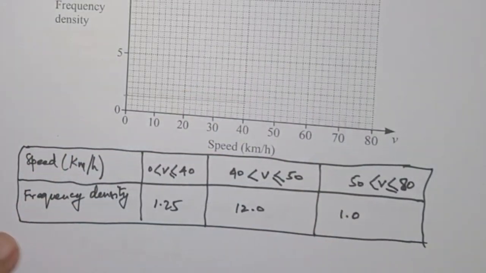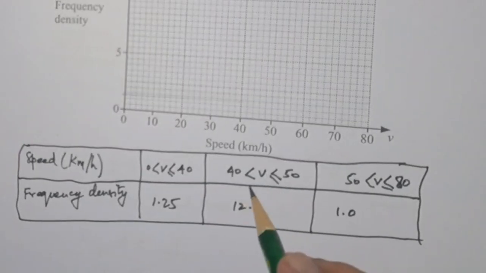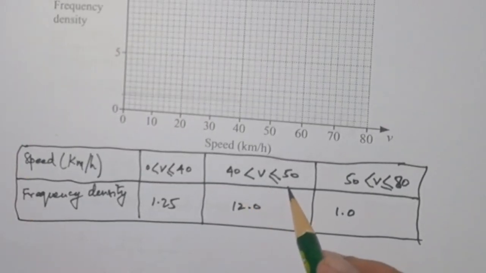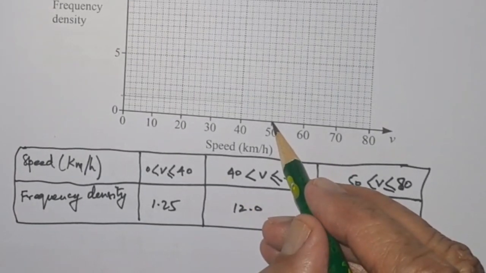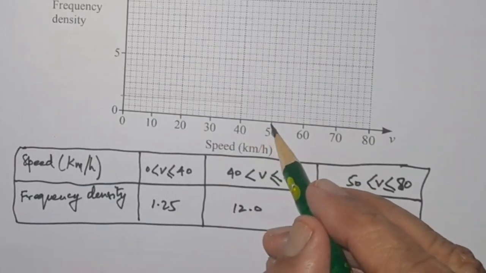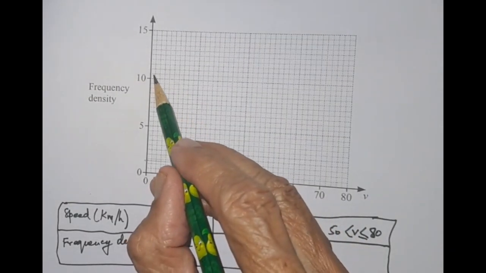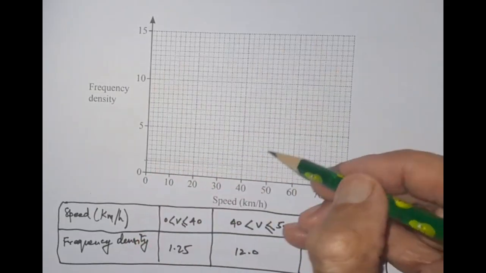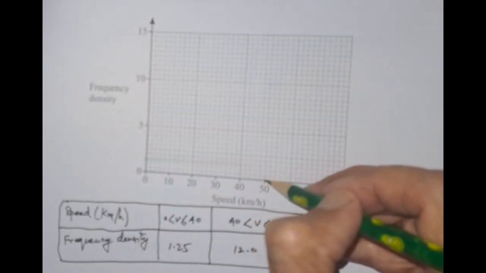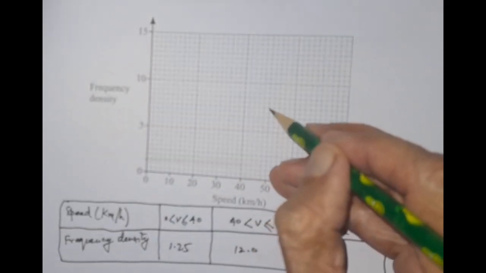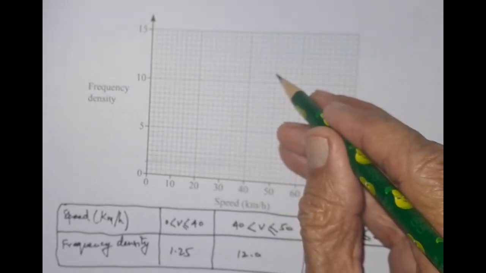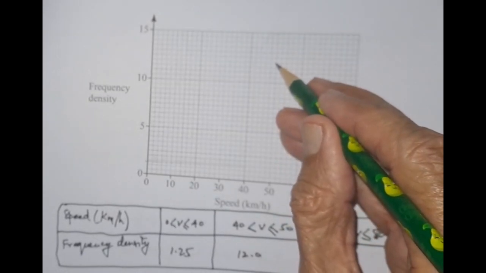and then we are to go to 12 for 40 and 50. That means we have to come to this place, 40 and 50, and we have to go to 12. So this is 10, this is 11, this is 12, and 50, 11 and 12.